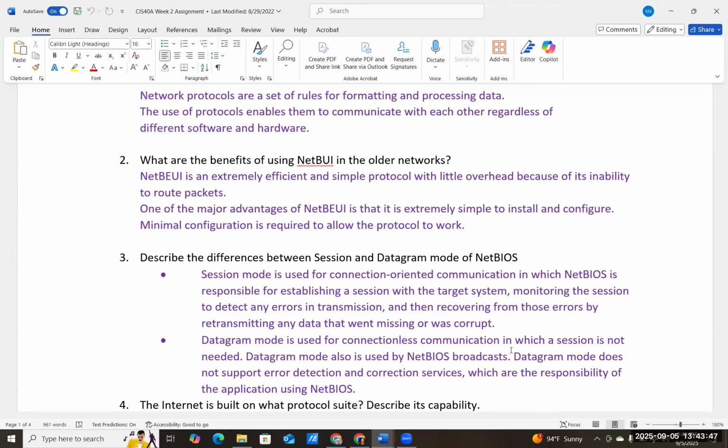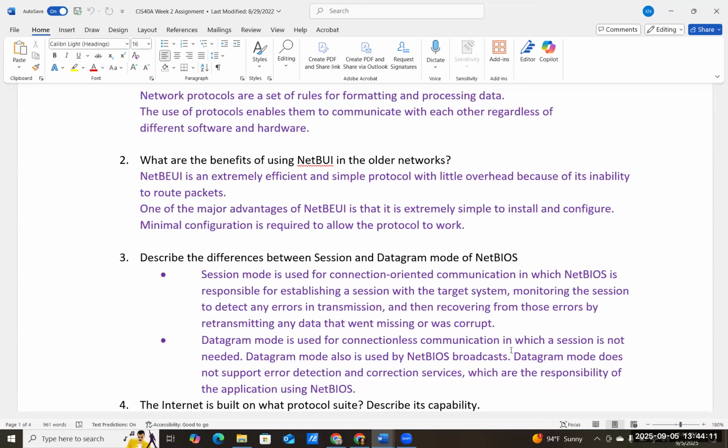And in the case that there's a transmission error, it would then retransmit. Because if we don't do this, we are not going to be able to have successful communication from one system to another. So a session mode needs to be enabled or configured, right, using that protocol for communication purposes.